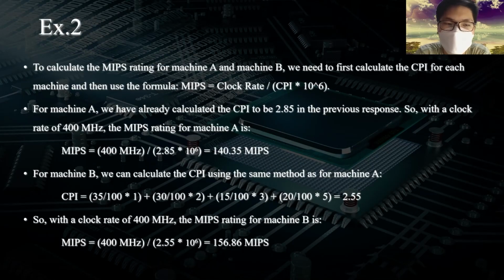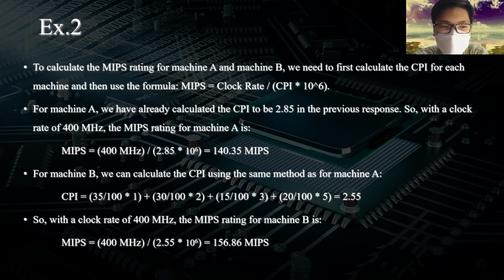Exercise 2. To calculate the MIPS rating for machine A and machine B, we need to first calculate the CPI for each machine and then use the formula MIPS equals clock rate divided by CPI multiplied by 10 to the power of 6. For machine A, we have already calculated the CPI to be 2.85 in the previous response.